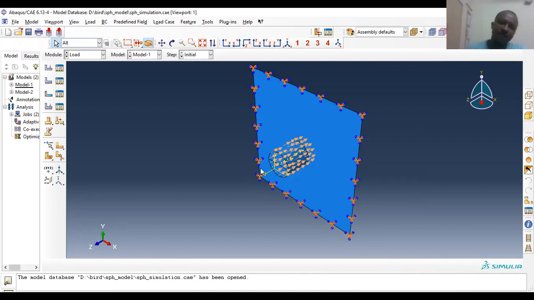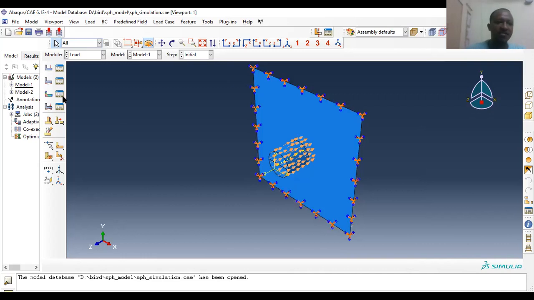And the predefined velocity field, which is most of the time the aircraft's relative velocity, since the moving bird may fly at hundreds of meters per second.